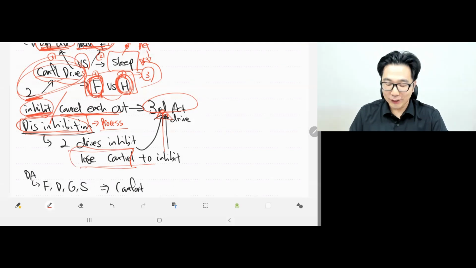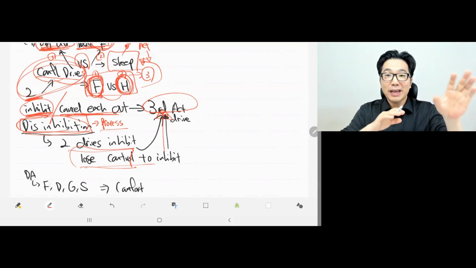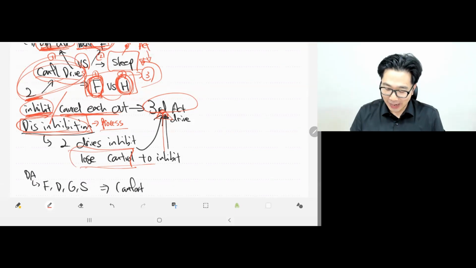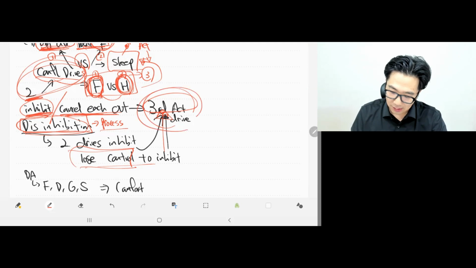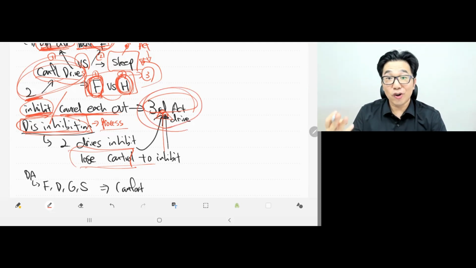So this inhibition of the first action and second action makes disinhibition to the third action. You cannot prevent the third action. You prevent the first action and the second action, but you cannot prevent the displacement activity, the third action. That's sleeping.